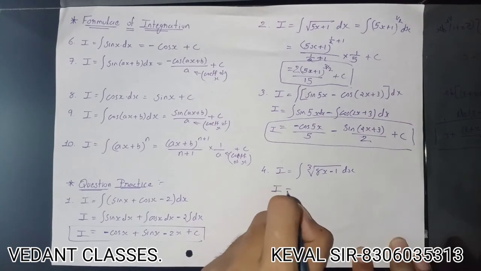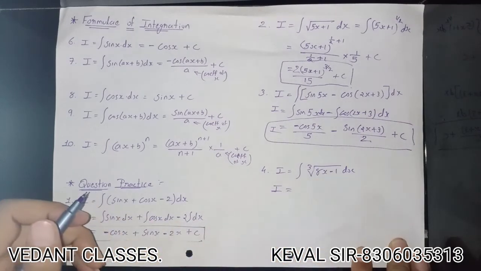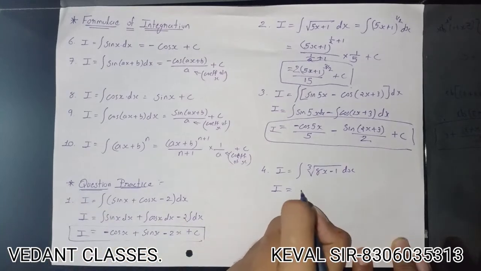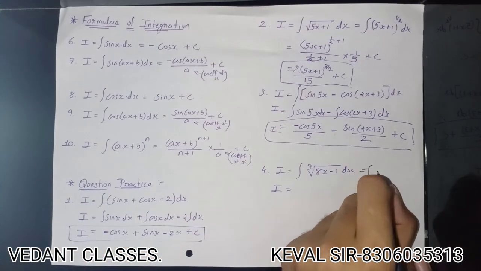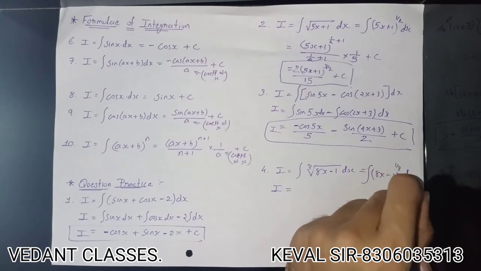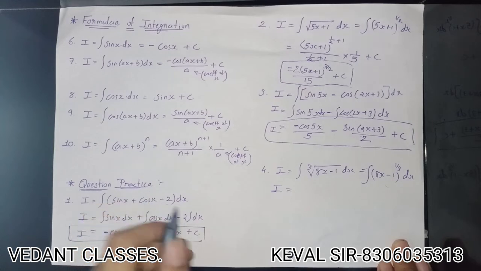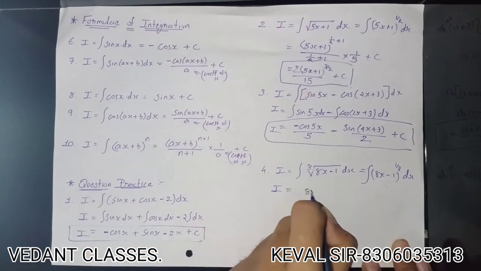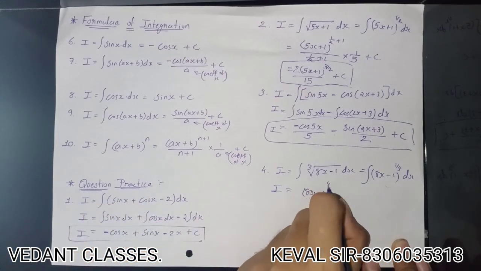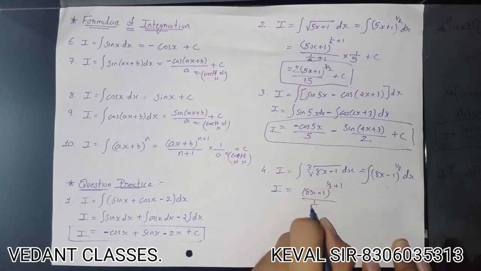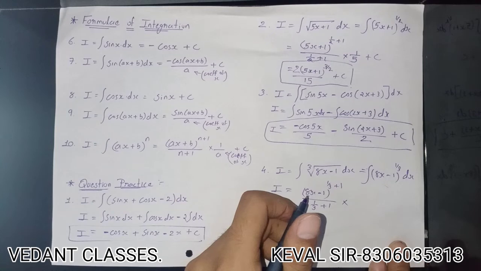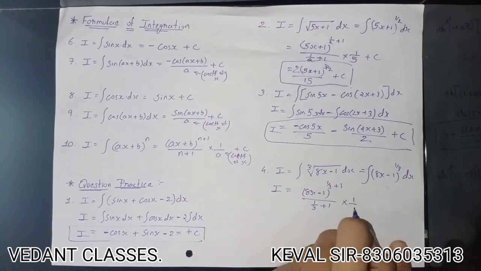Integration of cube root of 8x minus 1. So you can write it like this: integration of 8x minus 1 raised to 1 by 3 dx. So now you just need to apply the rule. Okay, so this will be 8x minus 1 raised to 1 by 3 plus 1, upon 1 by 3 plus 1, into, you need to multiply it with the coefficient of x, so it will be 1 by 8.